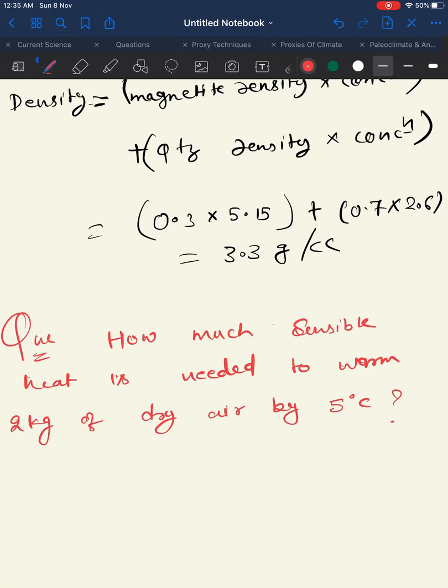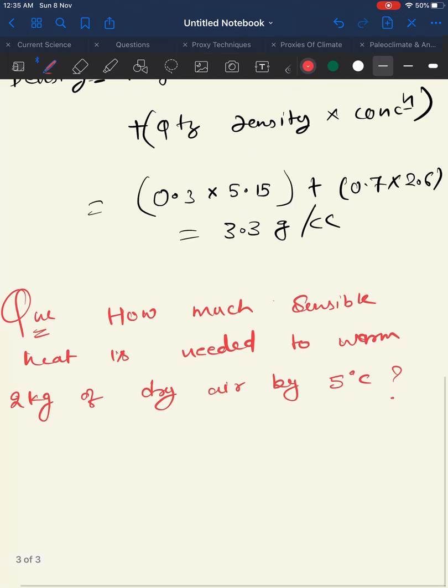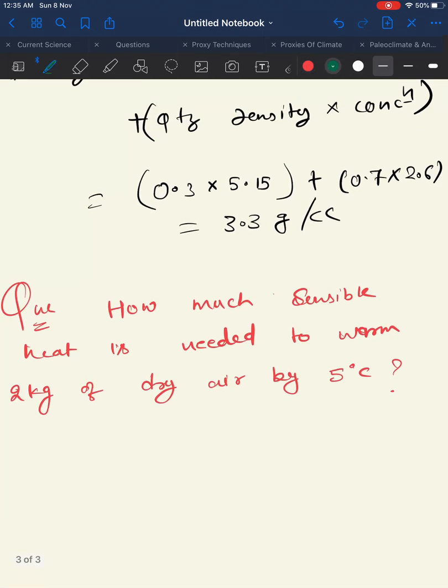Let's write what is given first, and then we'll see the formula to solve this.